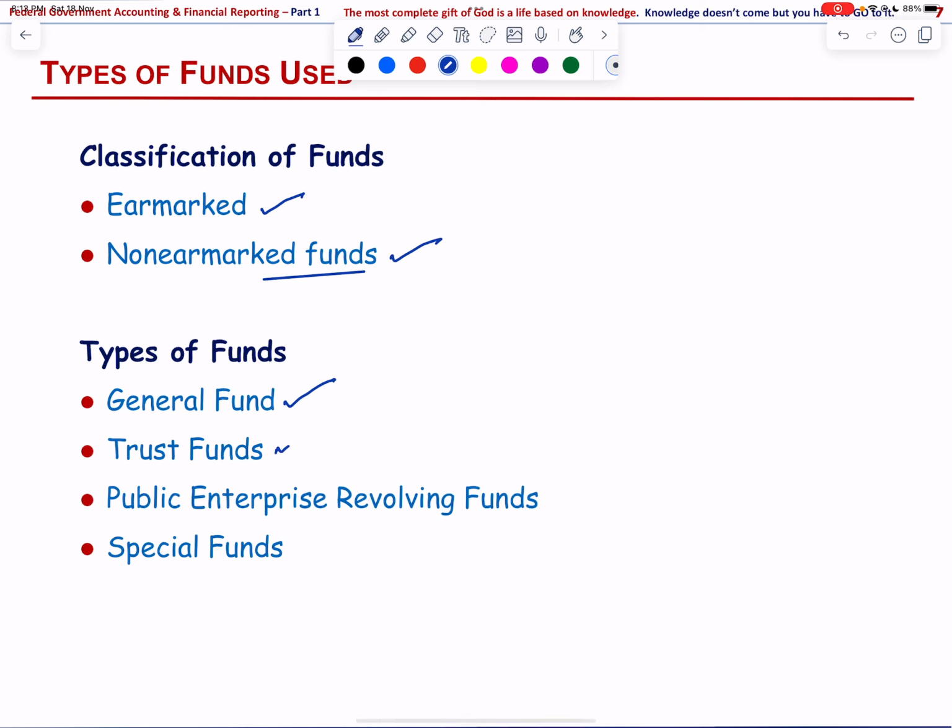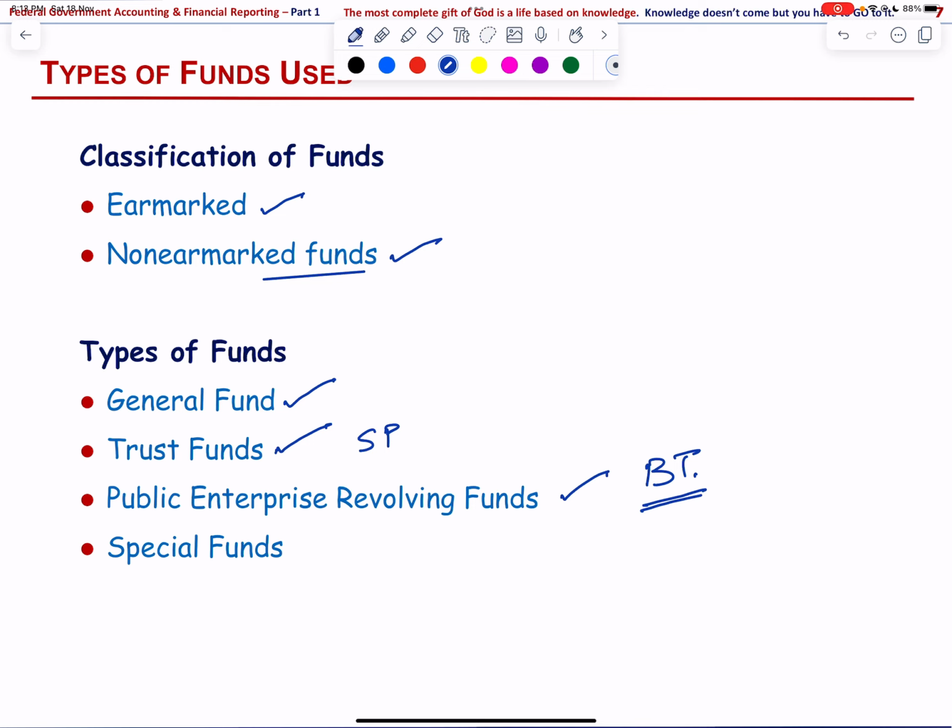The trust fund accounts for receipts and expenditures for resources used to carry out specific purposes and programs. Then public enterprise revolving funds are used for programs authorized by law to conduct business type activities primarily with the public.